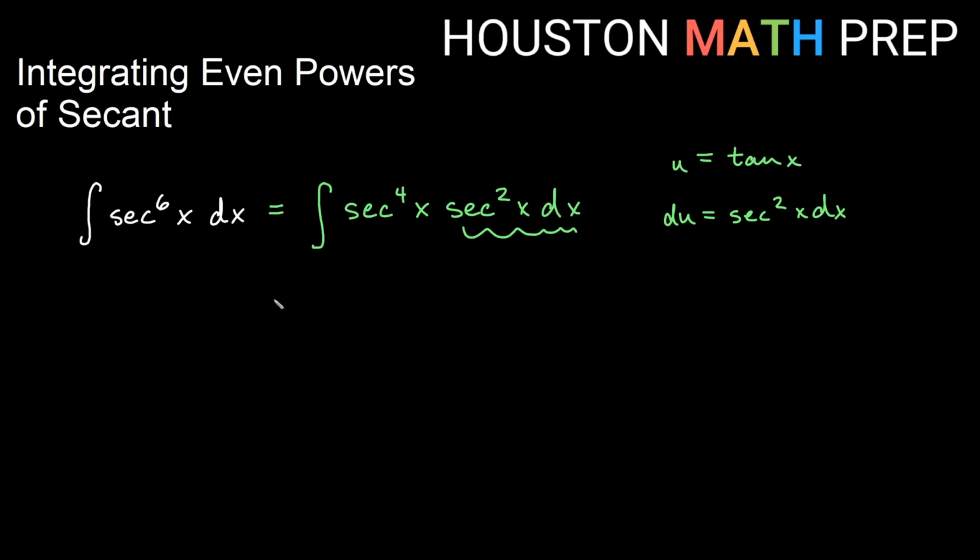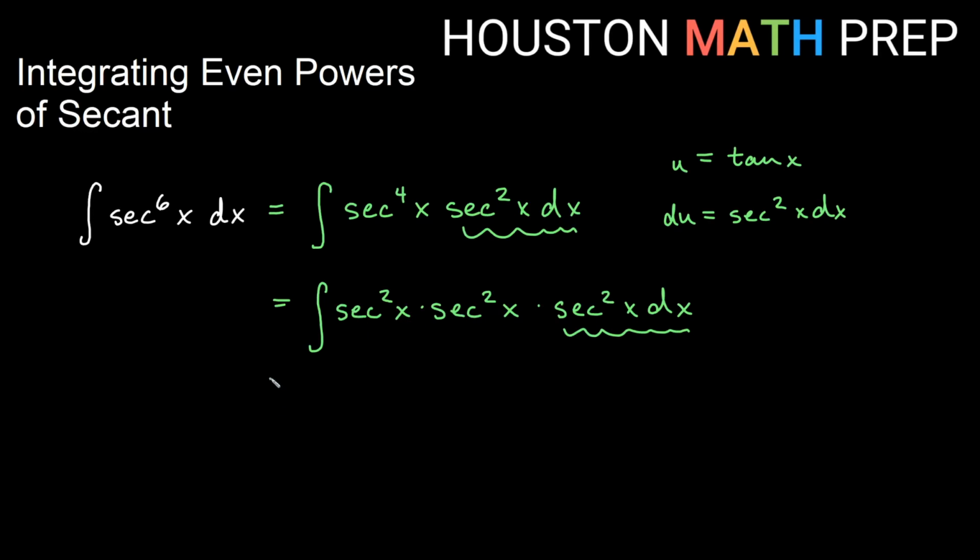So what we'll need to do is think of this as secant squared x times secant squared x. We have this last piece, secant squared x dx, here, so I'm going to go ahead and just put my little squiggle under here so that you know this is still what we're saving to be part of du.